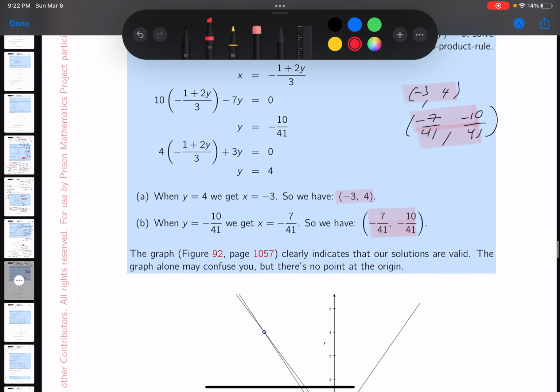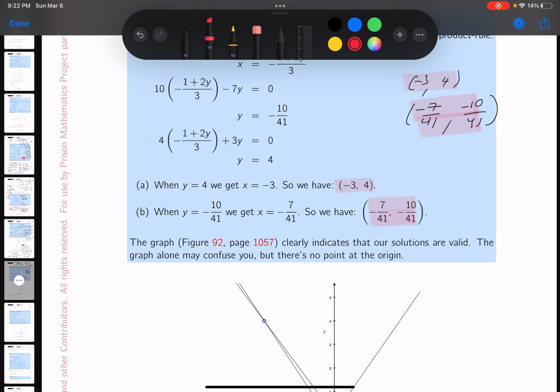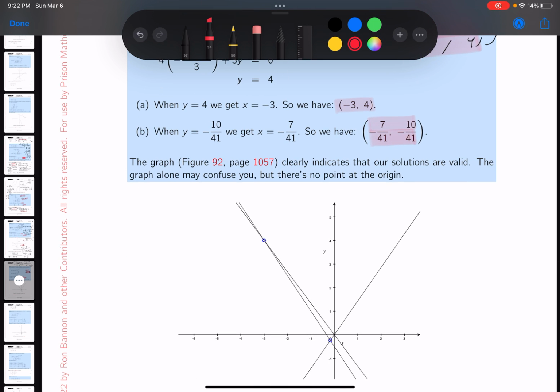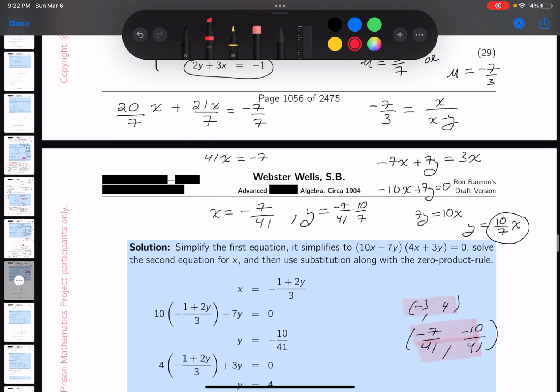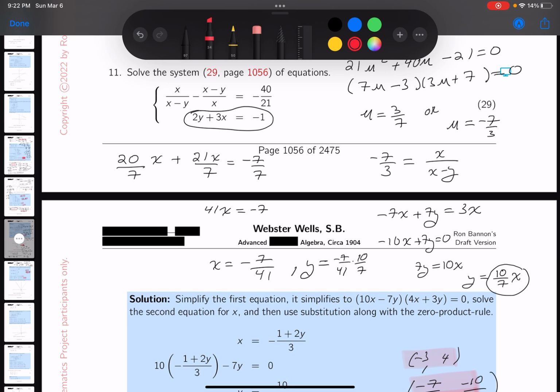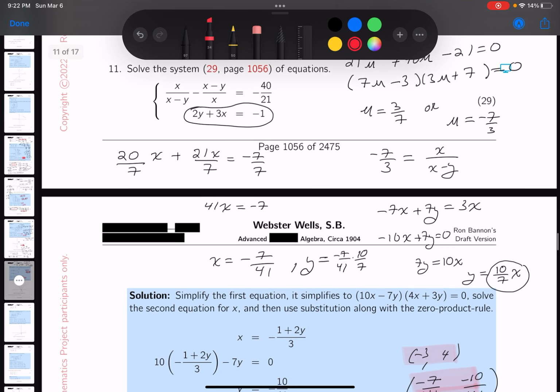By the way, I probably should have pointed this out in other graphs. A lot of times people look at the graphs and say, oh, I see more points of intersection. And people often get confused by that. But I want to claim over here, what you think are points of intersection are not even possible. For example, x can't be 0, right?